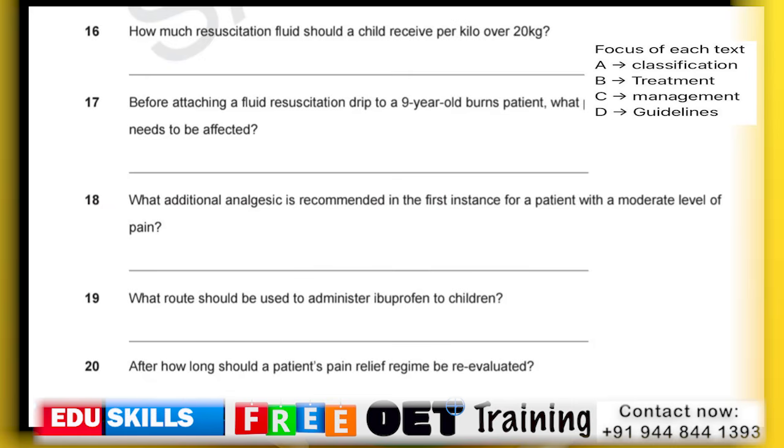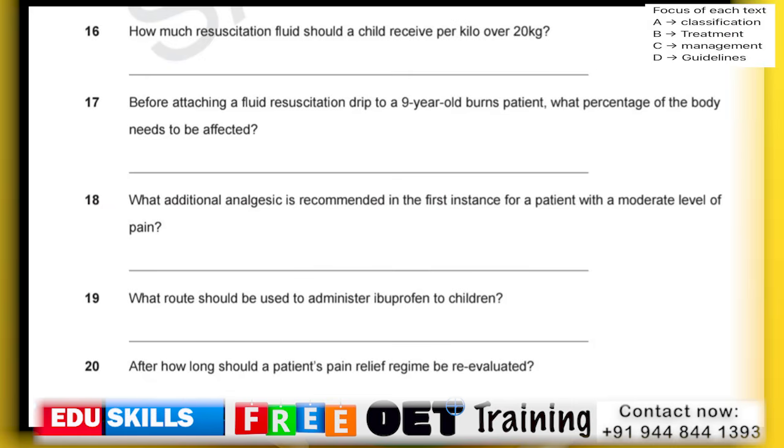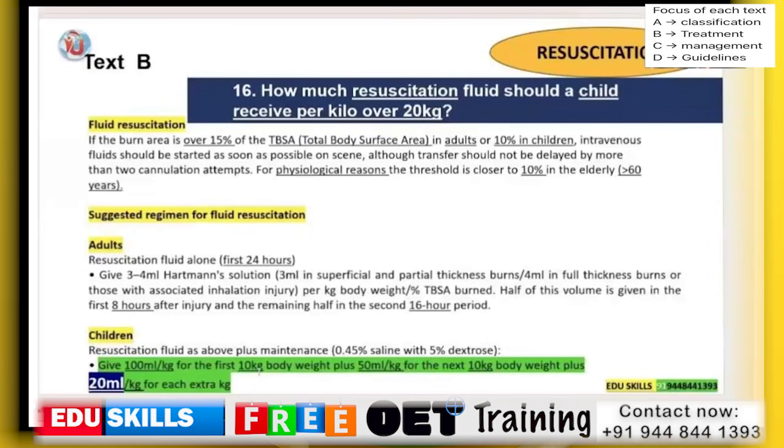We can see in text B, fluid resuscitation is the heading, and under that heading we can see two subheadings, adult and children. But our question is asking about child receive per kilo over 20 kg. In text B we can see children: give 100 ml per kg for the first 10 kg.